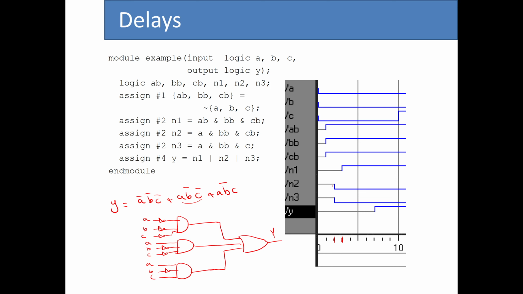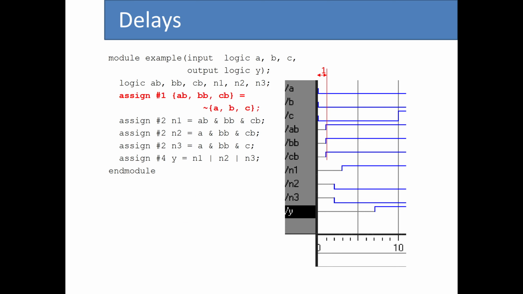So we can go step by step. First, after one unit of delay, we calculate A bar, B bar, and C bar. Then the next thing to be executed is N2 and N3, because we have A without the need to go through any inverter. For this one we also have C. So the values for N2 and N3 are calculated sooner.